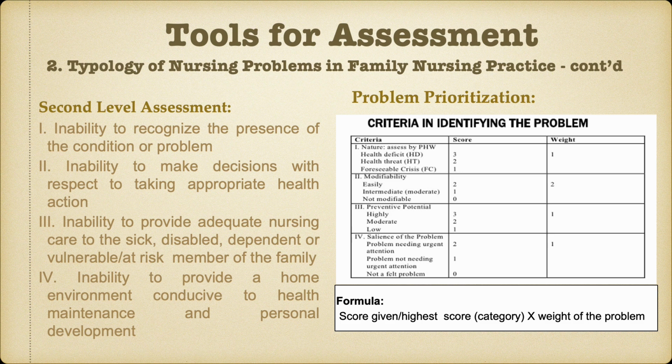In second level assessment, we will be assessing the following: inability to recognize the presence of the condition or problem, inability to make decisions with respect to taking appropriate health action, inability to provide adequate nursing care to the sick, disabled, dependent, or vulnerable or at-risk member of the family, and inability to provide a home environment conducive to health maintenance and personal development.